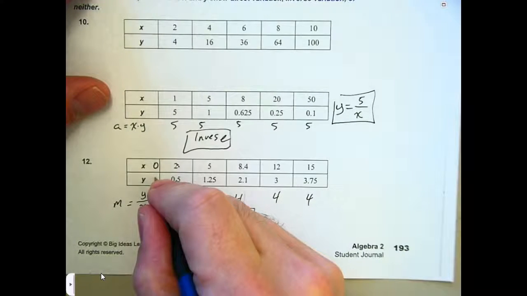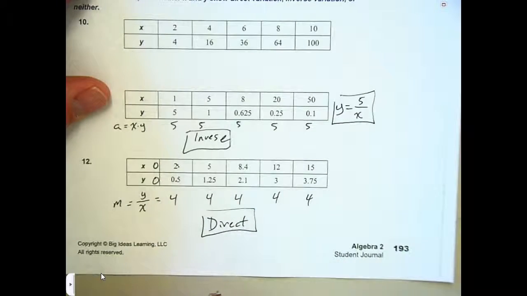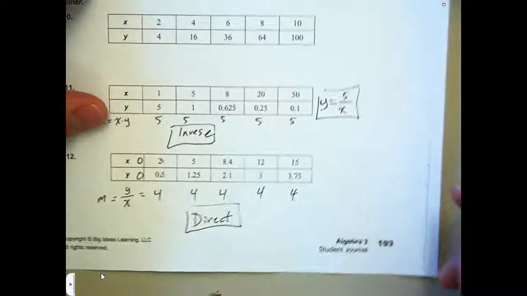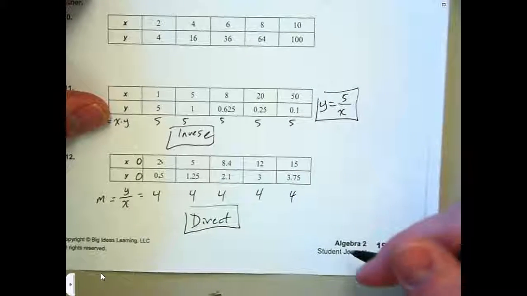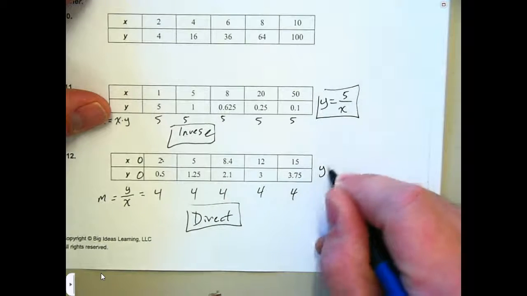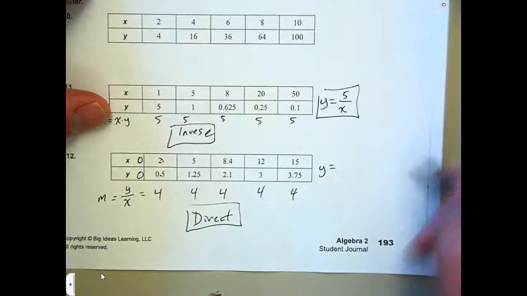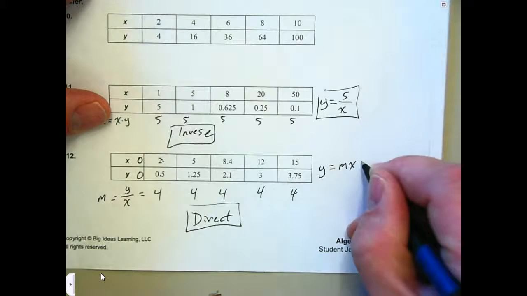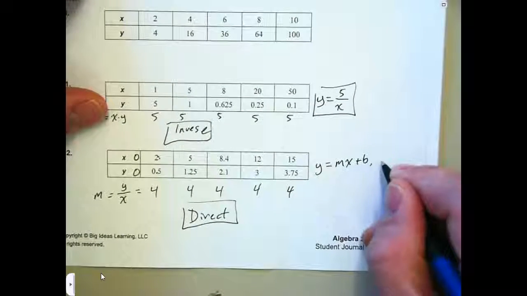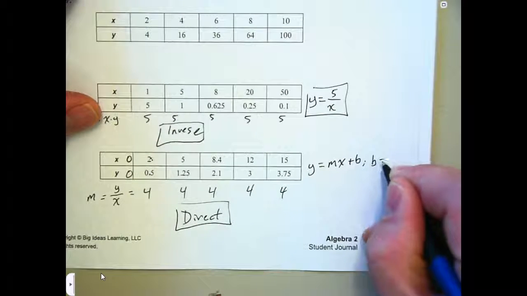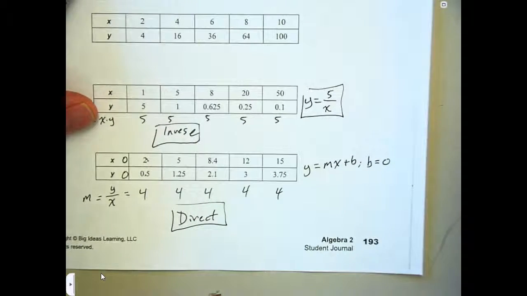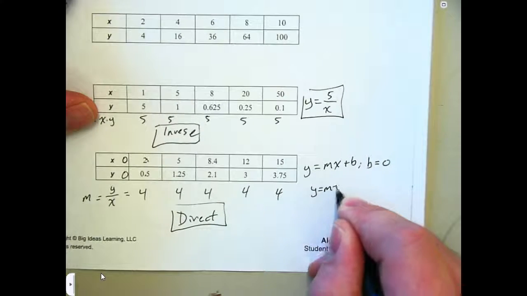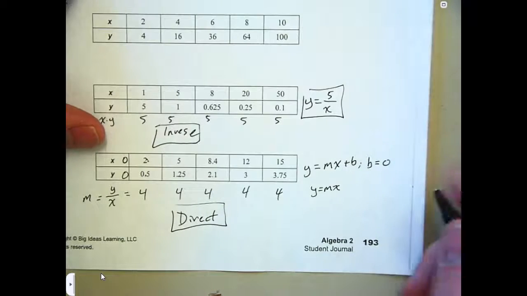Y is going to be 0. Okay, so a direct variation, stay with me please. A direct variation is y equals mx plus b when b is 0. In other words, if you don't want the mathese, it's just in the form y equals mx. There's no b term. It's 0.